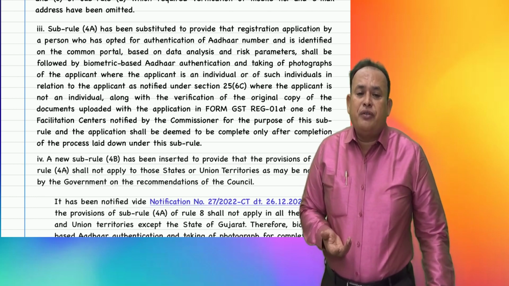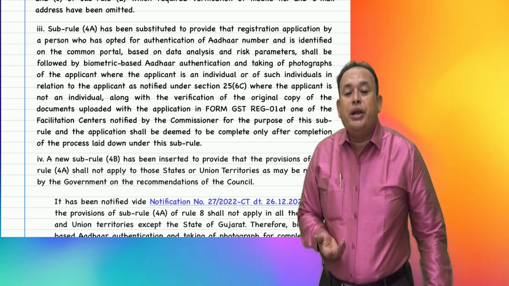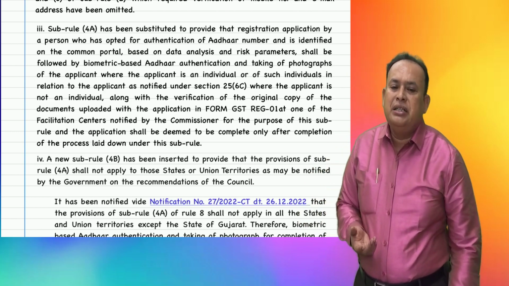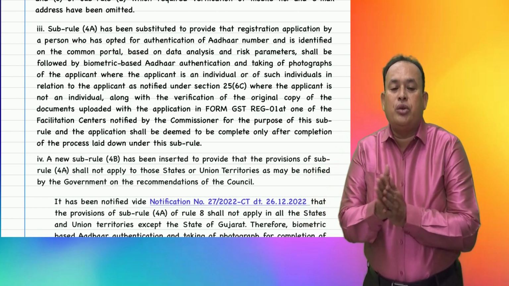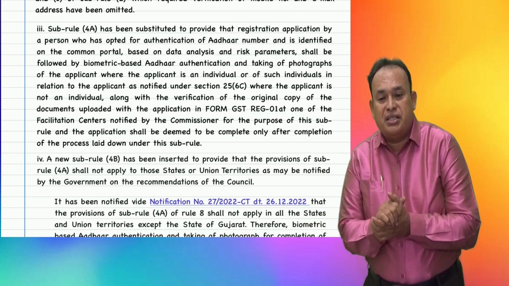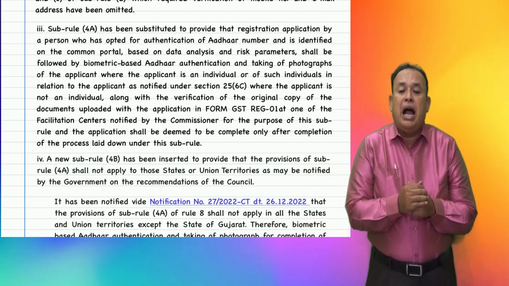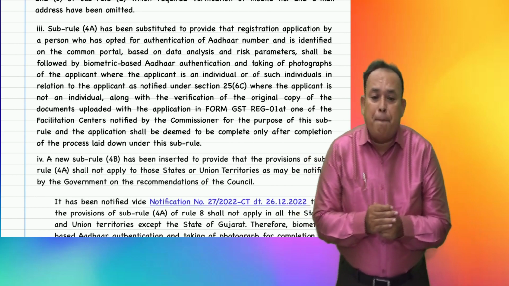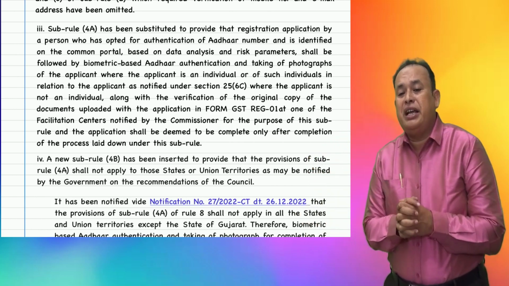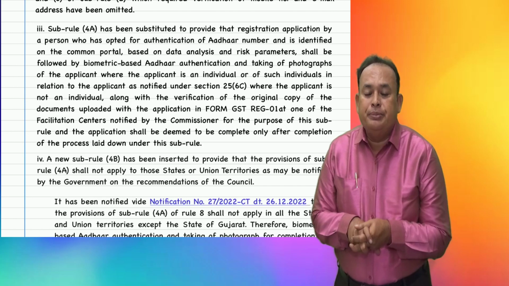This is along with the verification of the original copy of the documents uploaded with the application in form GST REG-01 at one of the facilitation centers notified by the commissioner for the purpose of this sub-rule, and the application shall be deemed to be complete only after completion of the process laid down under this sub-rule.